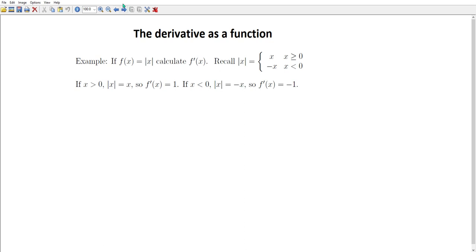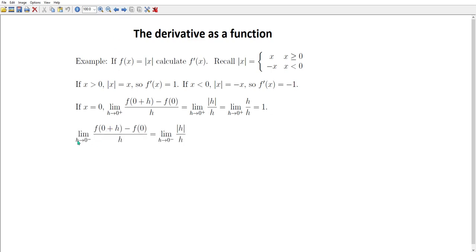What happens at 0? Well, if x equals 0, we've got two different definitions on each side, so we're going to have to take one-sided limits. The limit as h goes to 0 plus of f of 0 plus h minus f of 0 over h equals the limit as h goes to 0 plus of absolute h over h. It's positive, so it's just h over h, so the limit is 1.